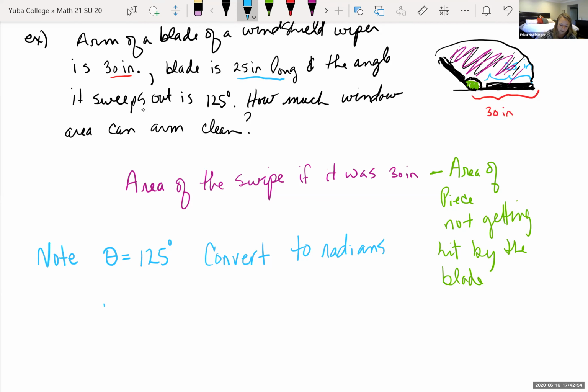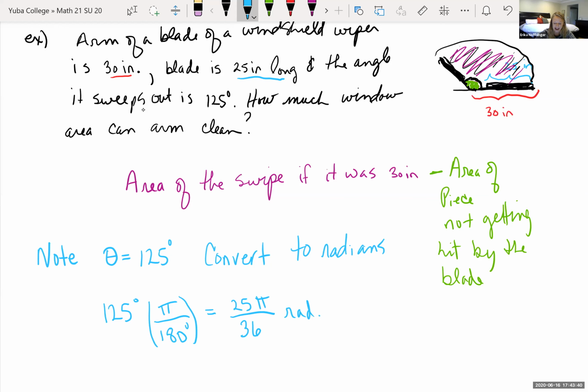We can convert to radians, a degree times pi over 180 degrees. Okay, so I'm going to reduce this a little bit. I noticed that 5 goes into both of those. And so we have 25 pi, and I'm going to reduce some more. No, it doesn't. 36. So I'm going to keep my radians, I'm not going to reduce, as 25 pi over 36.